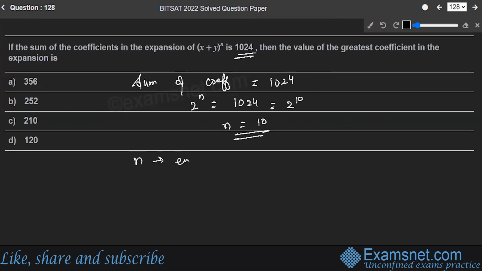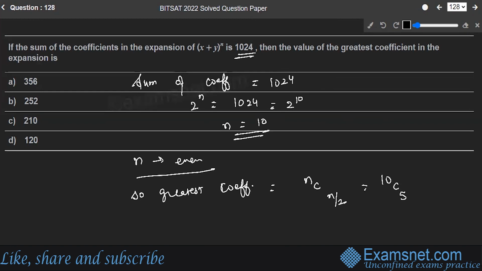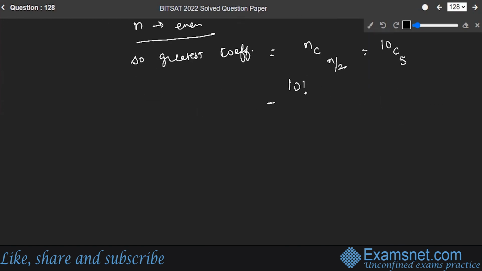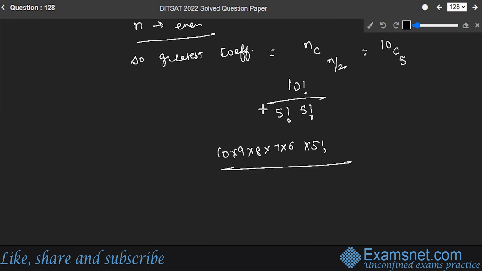Now, n is even. So, greatest coefficient will be nc, n by 2. So, that is 10c5. What is 10c5 equal to? This is 10 factorial upon 5 factorial into 5 factorial, which will give you 10 into 9, 8, 7, 6 into 5 factorial upon 5, 4, 3, 2, 1 into 5 factorial.